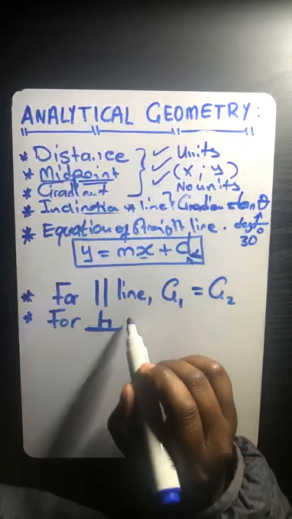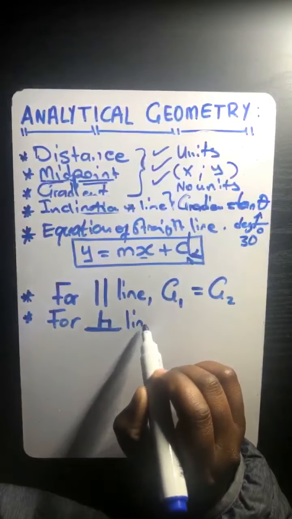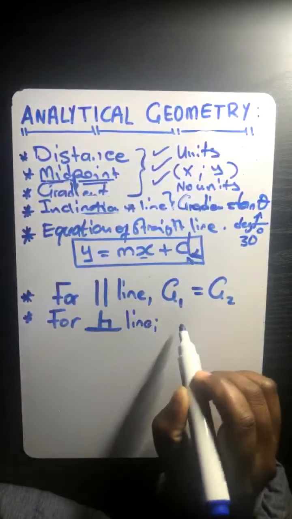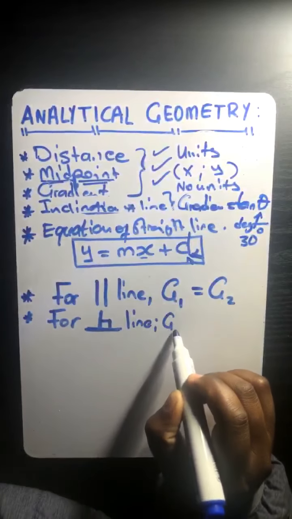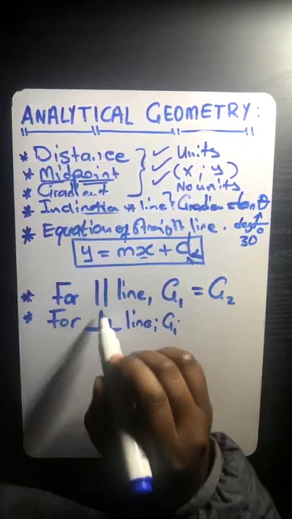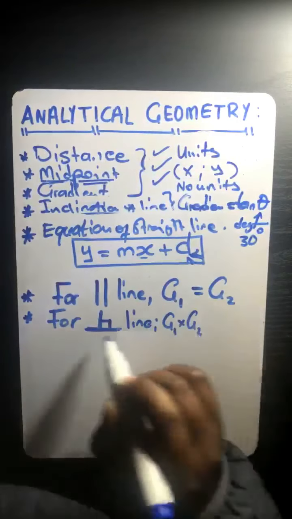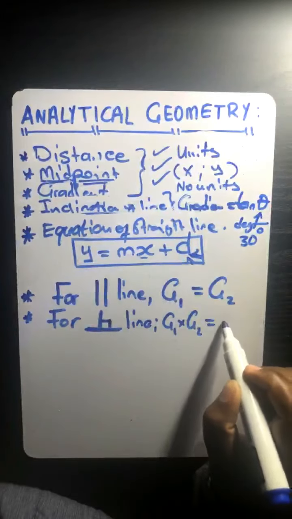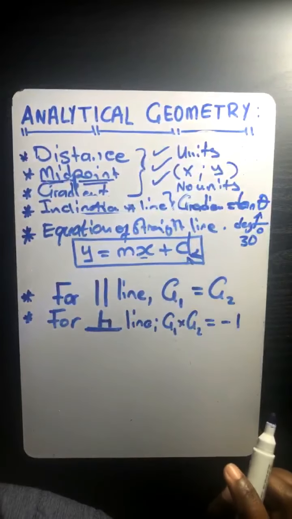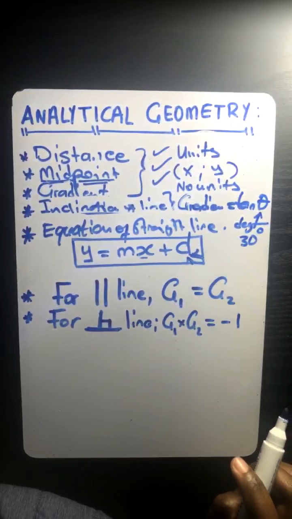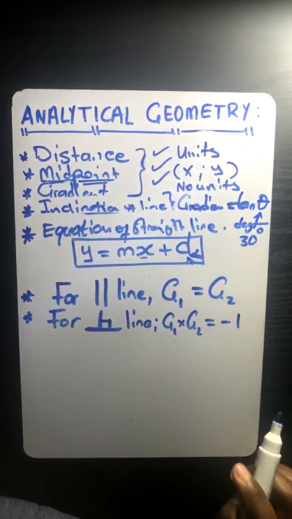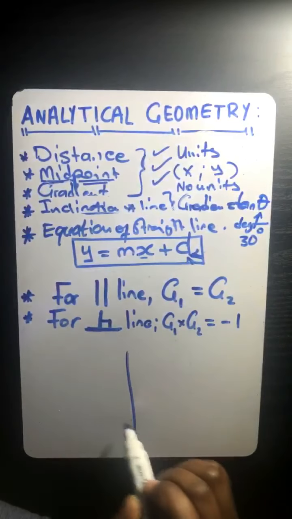So for perpendicular lines, when you multiply the gradient of the first line times the gradient of the other line, the answer that you get is always -1.